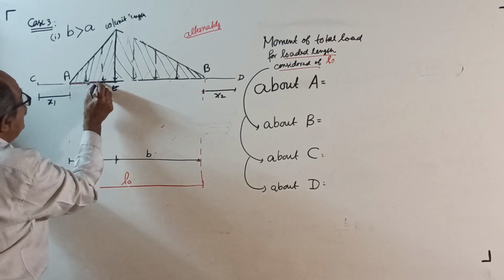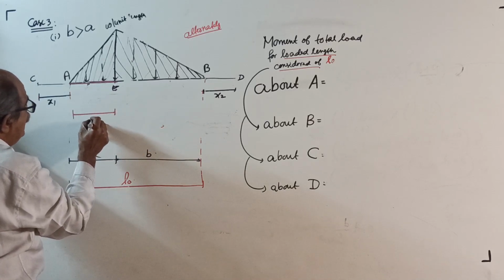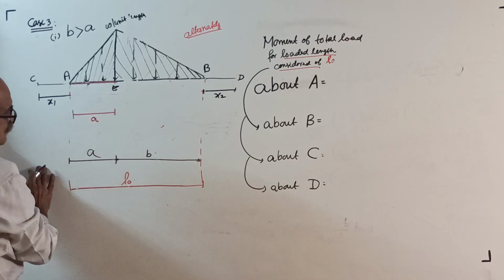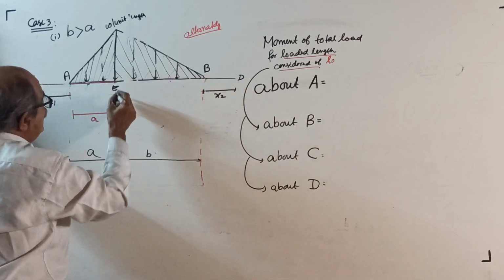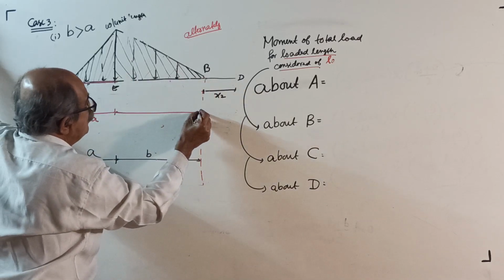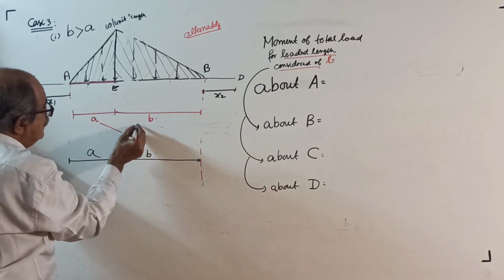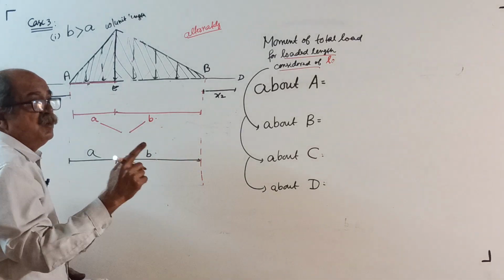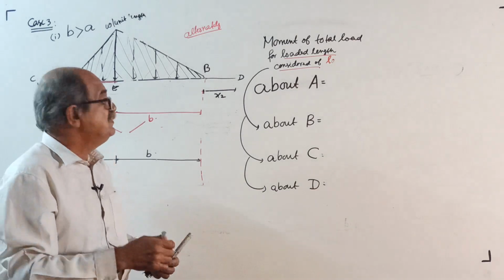For A to E, your loaded length is A. A will become the loaded length. And from B to E, this will be your loaded length, B. These two are the respective loaded lengths on either side.